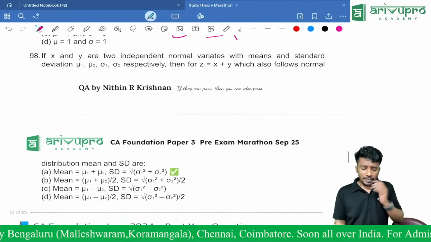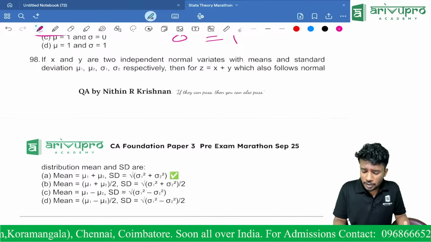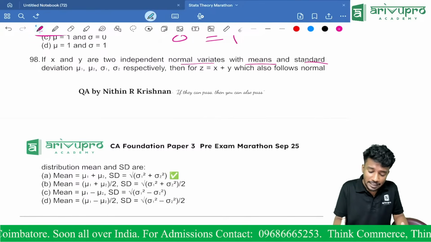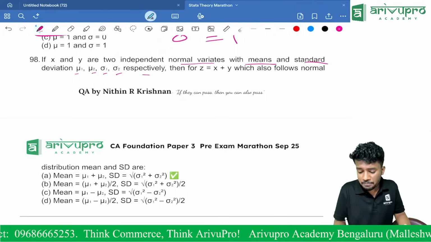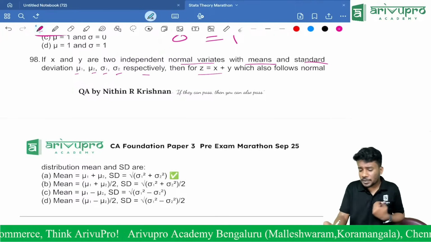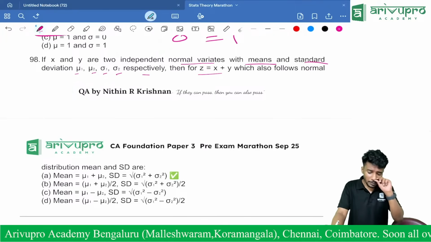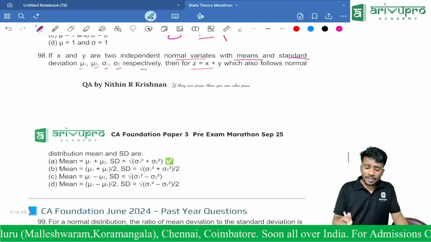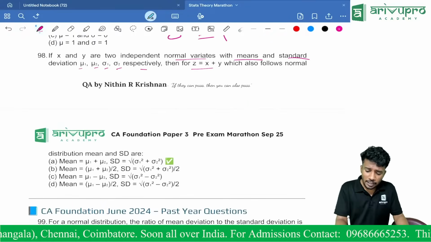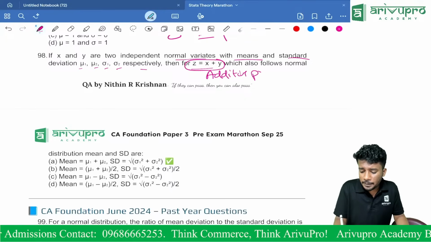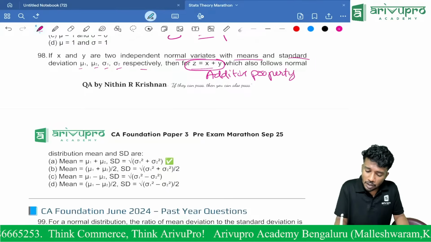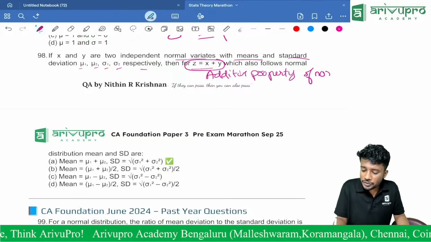Then if x and y are two independent normal variates with means and standard deviations mu1, mu2, sigma 1, sigma 2 respectively, then z is equal to x plus y, which is also a normal variate. This is the additive property of normal distribution.